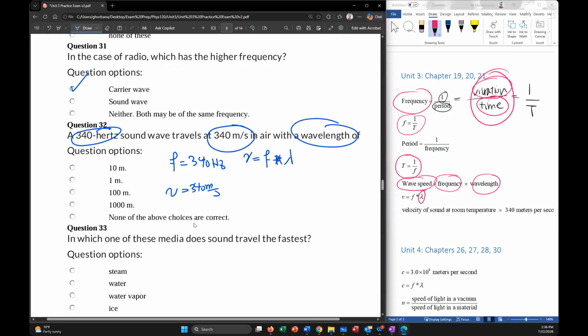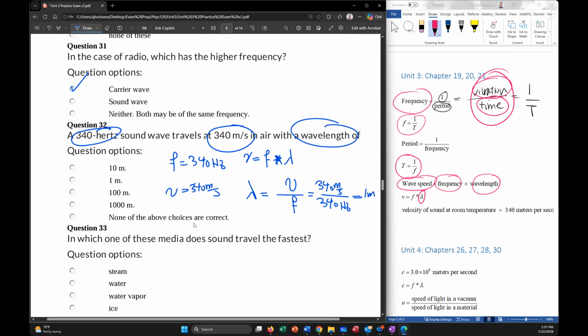This is a multiplication, so we can rewrite the equation: lambda is equal to velocity divided by frequency. What is the velocity? 340 meters per second. What is the frequency? 340 hertz. If you divide these two, the result is going to be 1 meter.